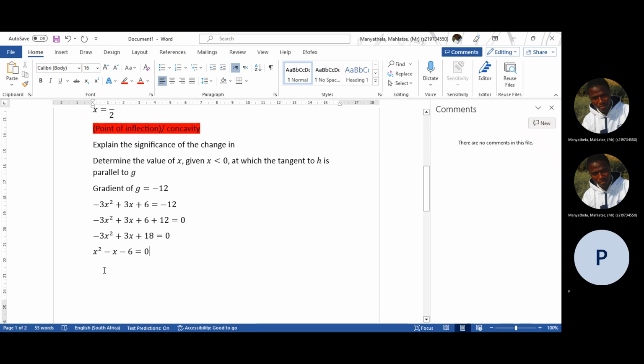We can try to find the factors. The factors of 6 are 6 and 1, and also 3 and 2. So if we say minus 3 plus 2, it's how much?